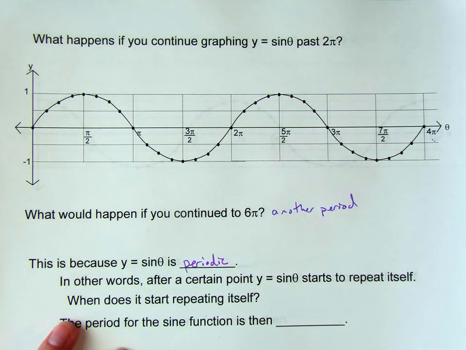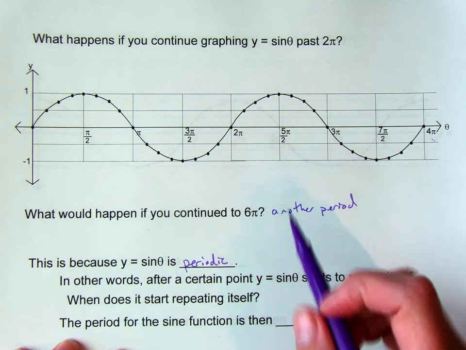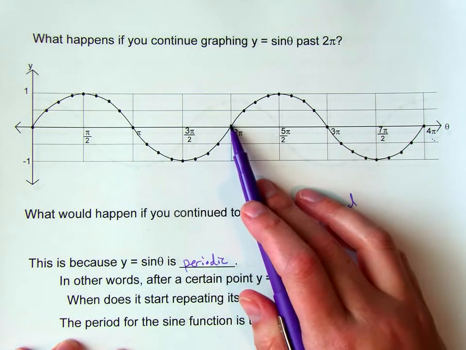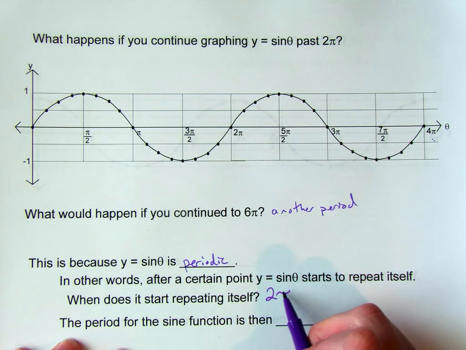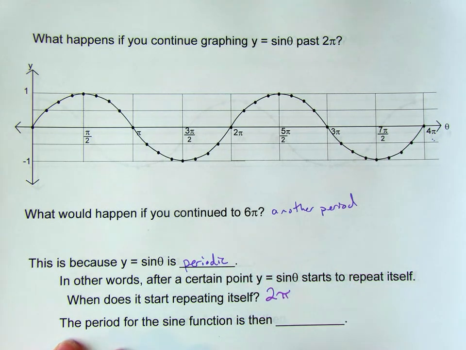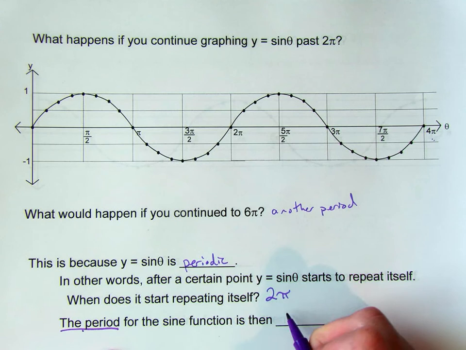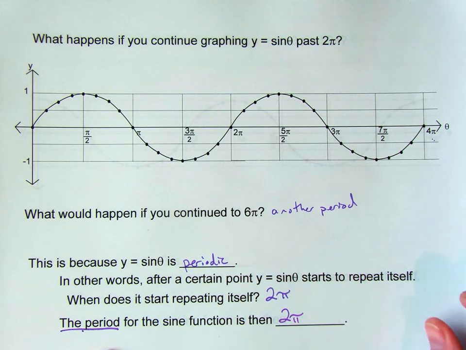In other words, after a certain point, y equals sine theta starts to repeat itself. When does it start repeating itself? At 2 pi, so we call it the period. The period for the sine function is 2 pi.